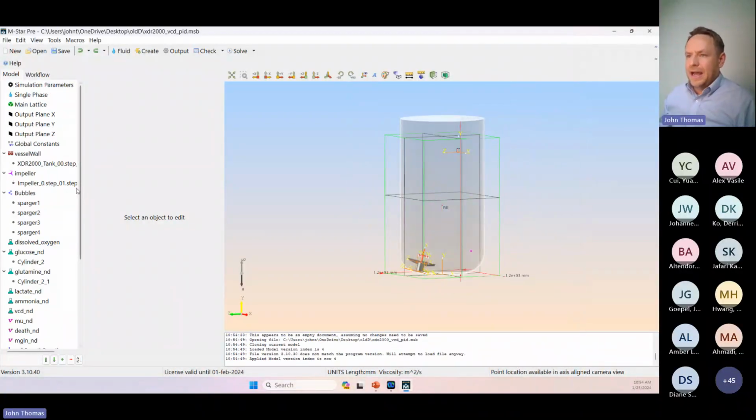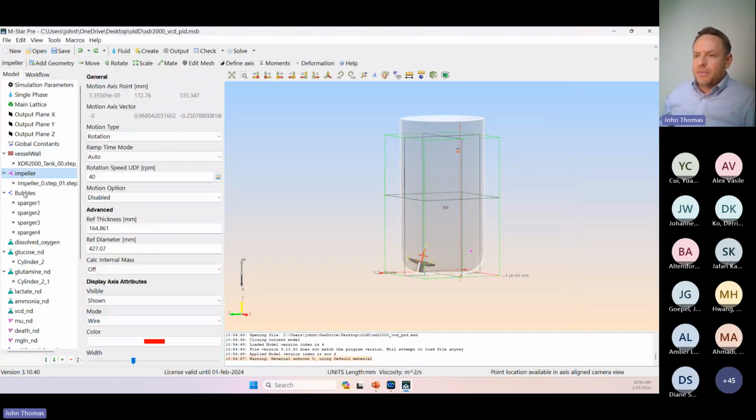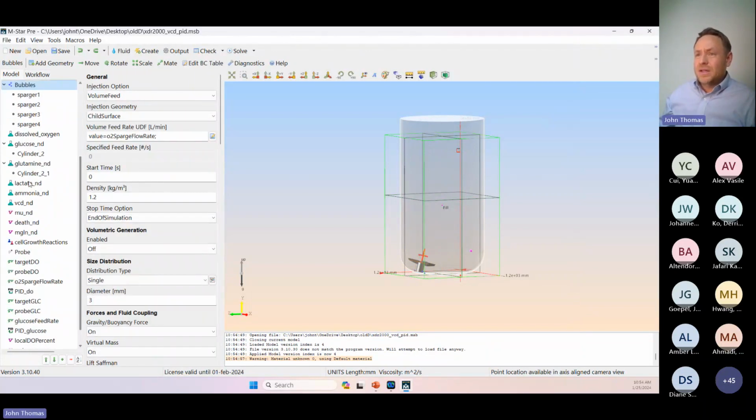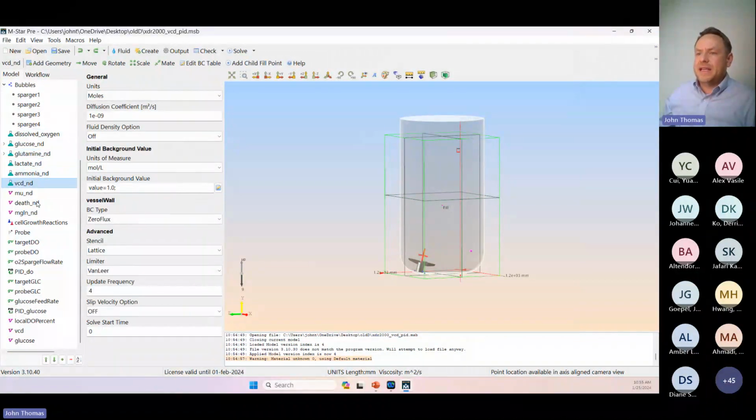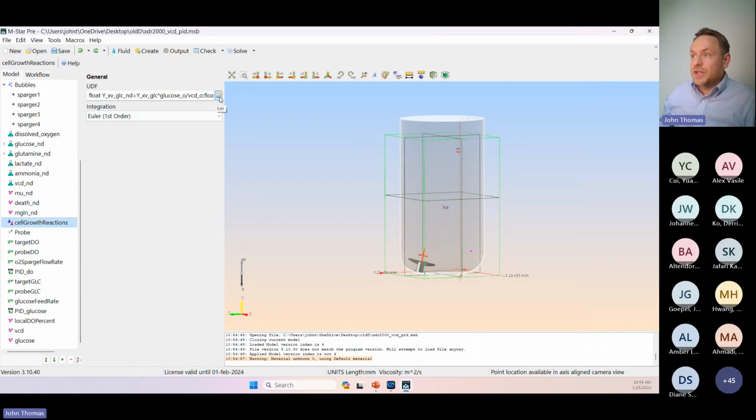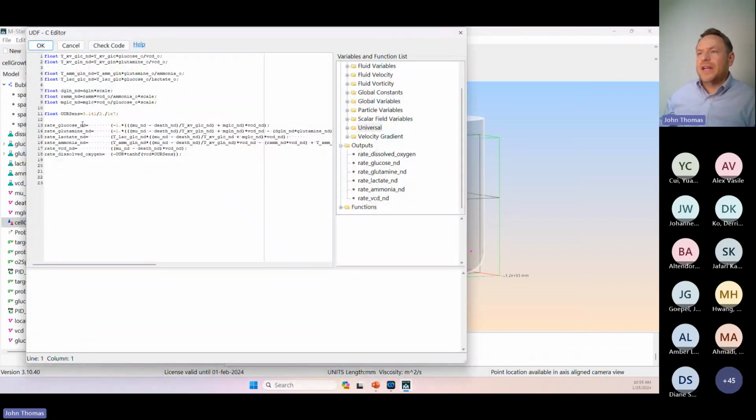So here it is. Again, I know we're at time, but I'll give those who use M-Star a peek behind the veil. Familiar old vessel wall, impeller, bubbles, DO. Here are my reacting species: O2, glucose, glutamine, lactate, ammonia, and so on. Here are my cell growth reactions. They're all non-dimensionalized. I do all my math in non-dimensional ways.